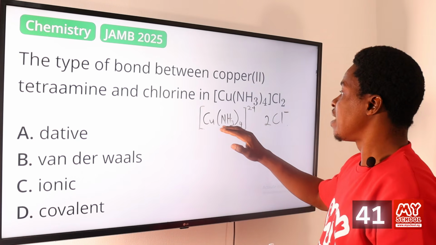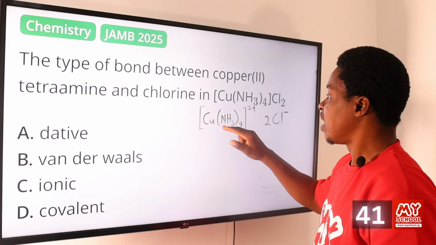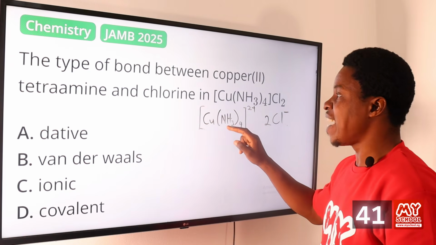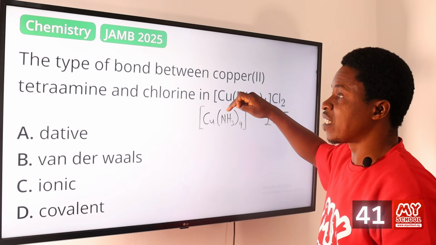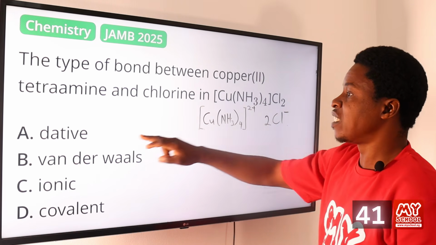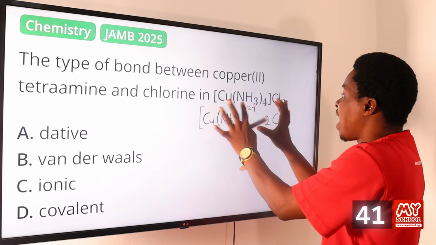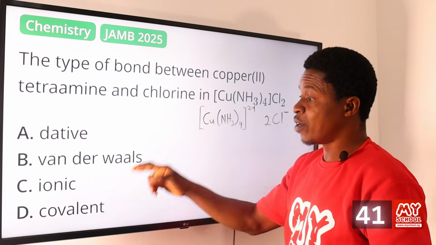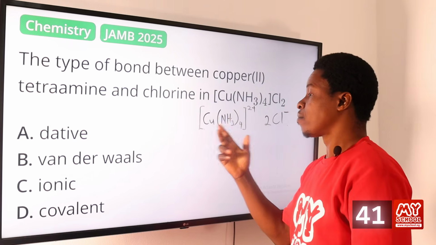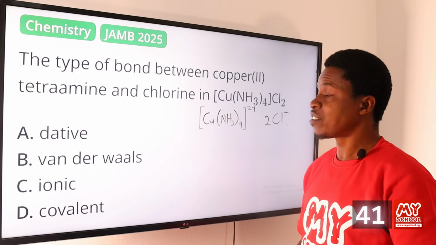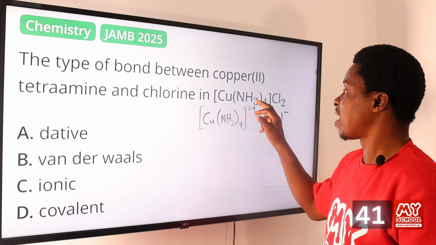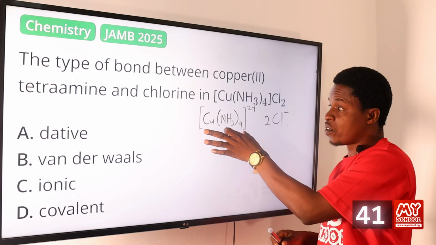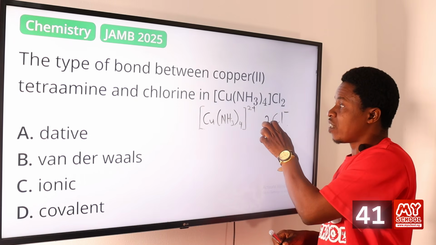That is what happens between this itself, because we have 4 of this ammonia reacting with this. So inside this complex ion itself, we have dative bonding, but we are talking about the entire compound here. Van der Waals forces and the covalent bond are not what is responsible here, because these are the ions, and there is a transfer of electrons from this to this.